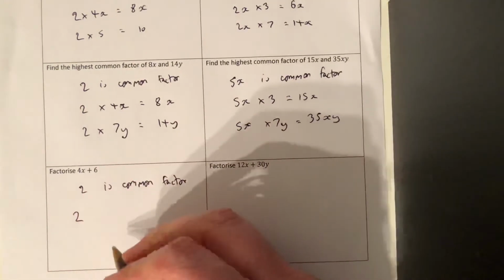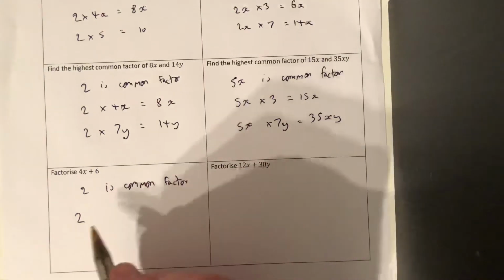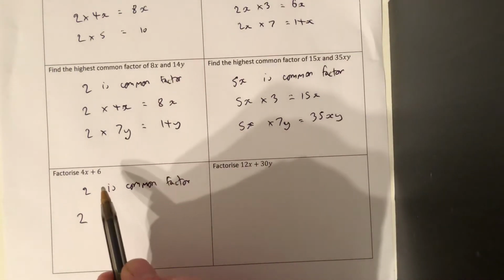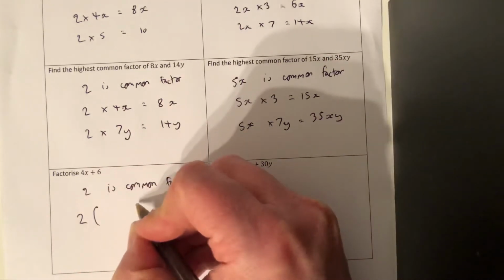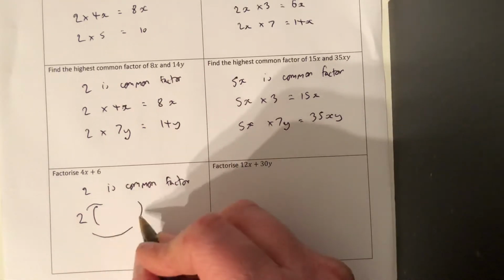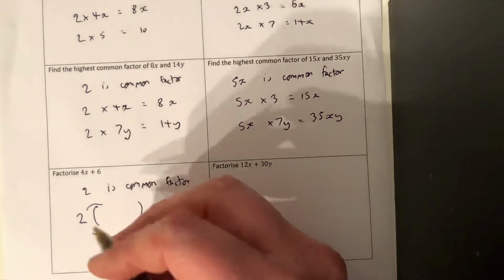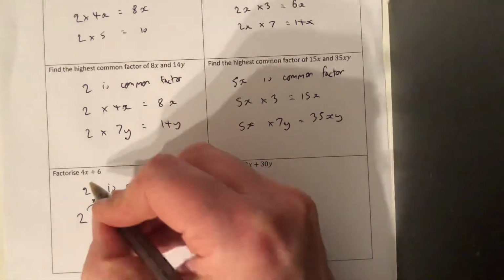So if we write 2 down, the idea is what do we times 2 by to get to the 4x? And what do we times 2 by to get to the 6? Well, in order to create this, we need to add some brackets. And the idea is that we will times the 2 by 2 different numbers to get to this. So we start off on the left. 2 times what will give me 4x?